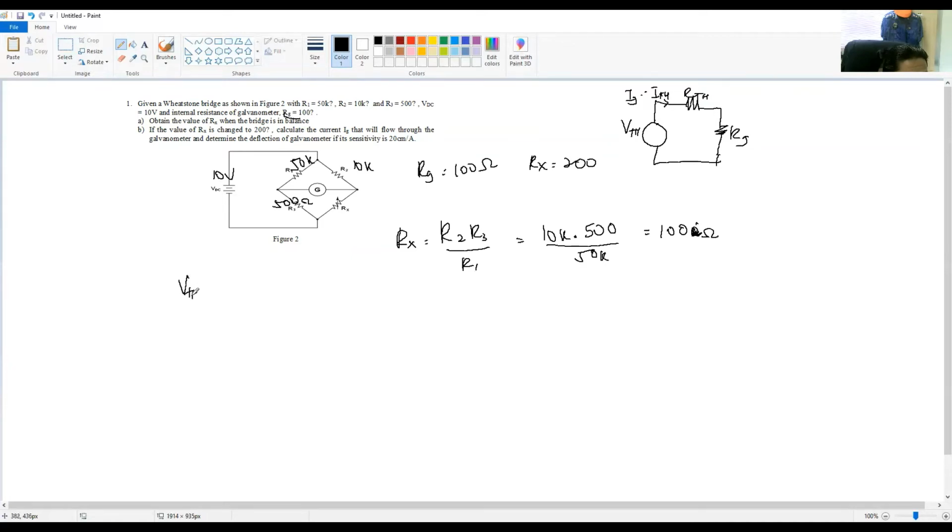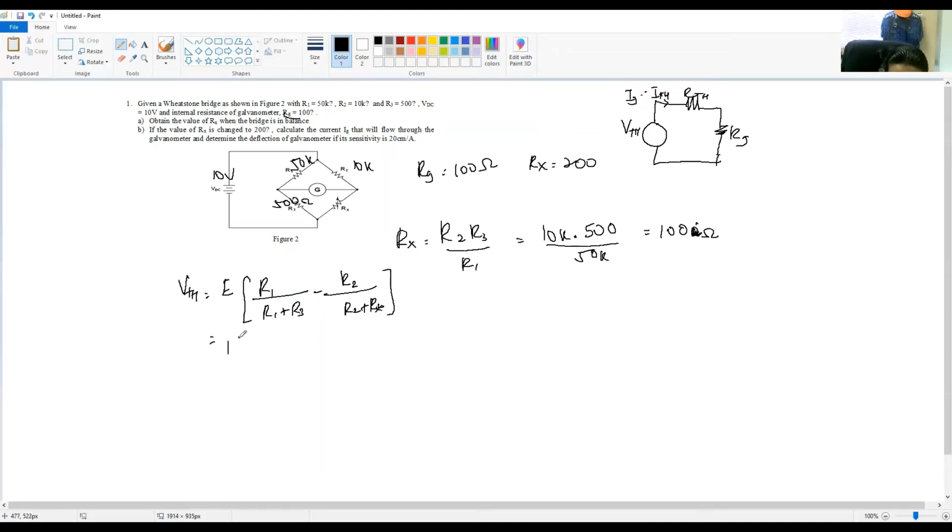VTH equals E, just straightforward using the formula: R3 over R1 plus R3, minus R2 over R2 plus R4, which is Rx.